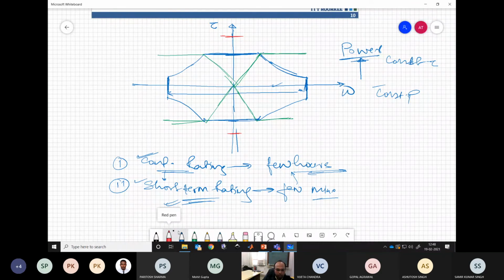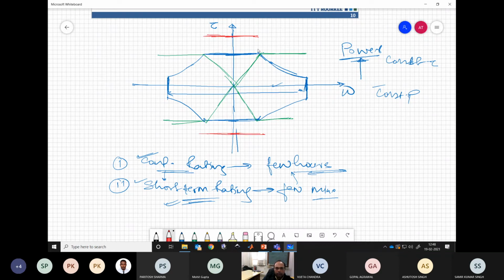Now what about the short-term duty? The short-term duty basically means the torque we can take a little higher for a very short duration. So here we have the torques going up to some higher value.